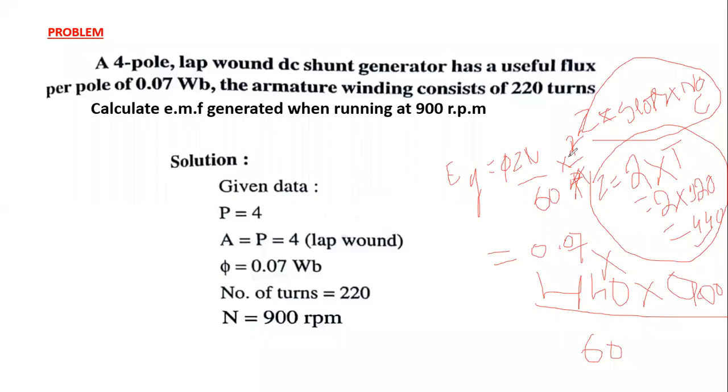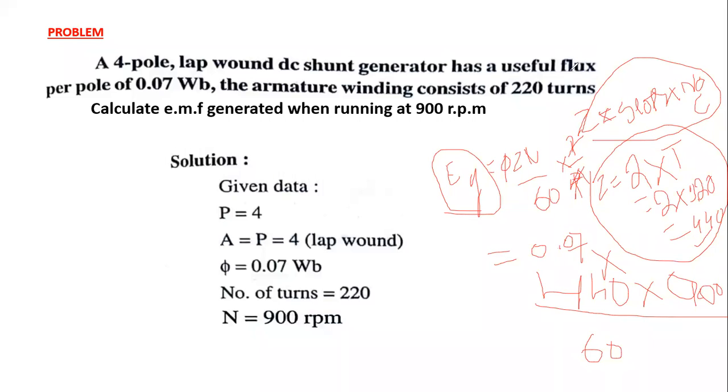Therefore, P and P get cancelled, and we obtain phi Z N by 60. This is the formula for calculating the EG value. These are the problems related to the EMF equation.